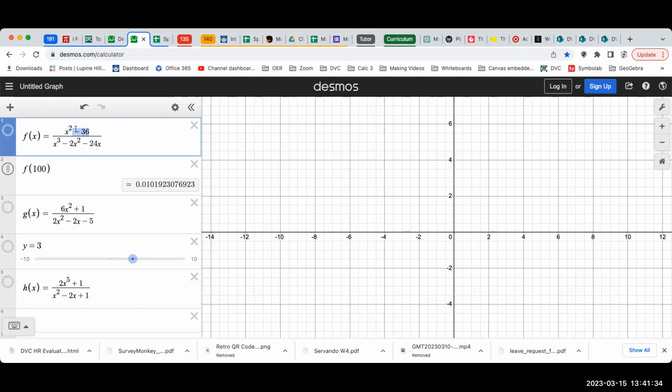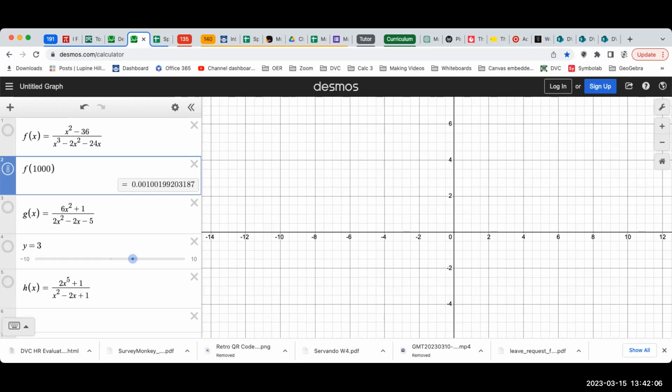I subtract 36 from it, but 100 squared is way bigger than 36, so essentially it's close to 100 squared. The bottom is 100 cubed minus the rest of the polynomial, but the 100 cubed is what overpowers the denominator. So I have something like 100 squared on top and 100 cubed on the bottom, and the overall fraction value is really small.